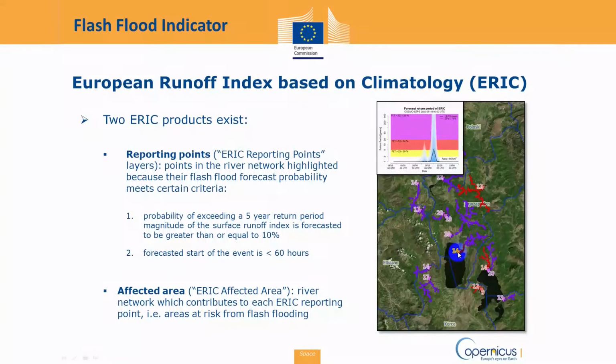If you then click on one of the reporting points, you can see a graph, and that graph shows you the ERIC indicator expressed in terms of return period for the forecast period, and you can see all the different ensembles and the percentage exceedance probabilities for each return period: 2-year, 5-year and 20-year.